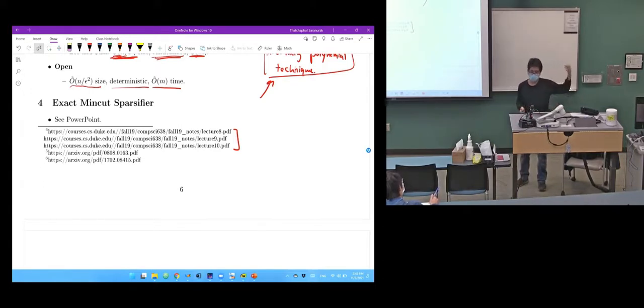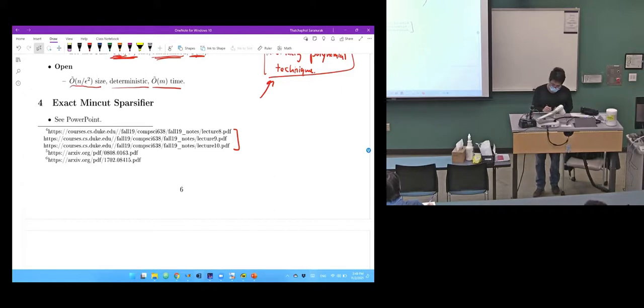One way is to preserve distance, and one way is to preserve cut size. And you can reduce the number of edges from n squared to nearly linear. But it only preserves things approximately. You need to lose some factor.